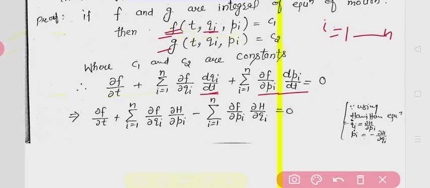So the partial derivative of f with respect to t will be there.